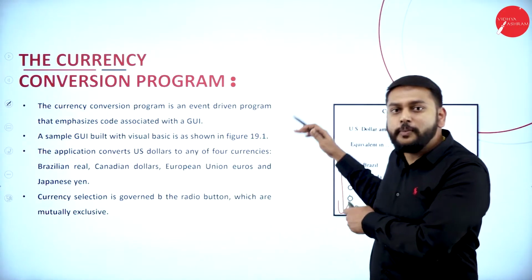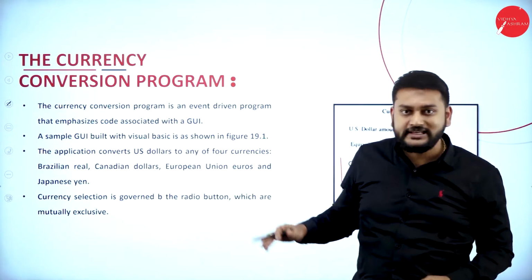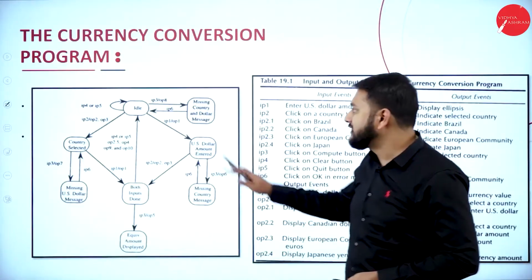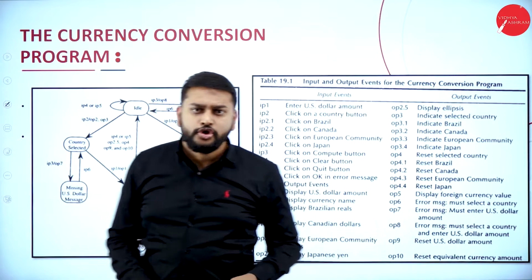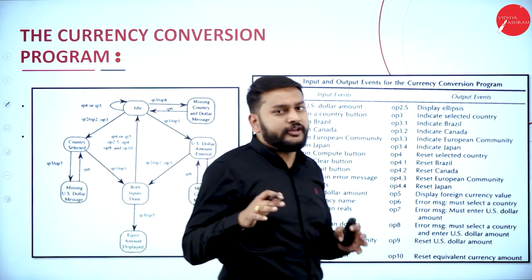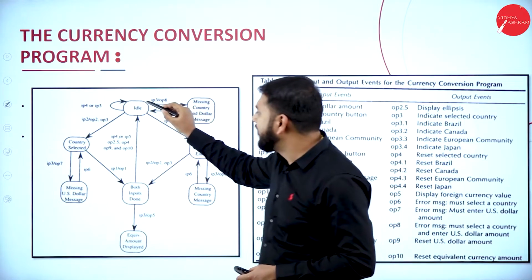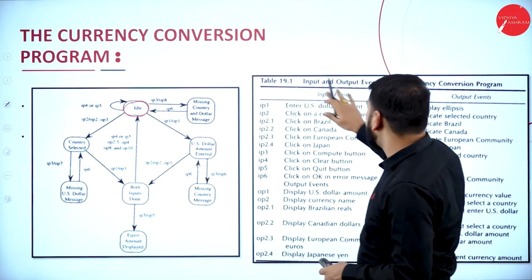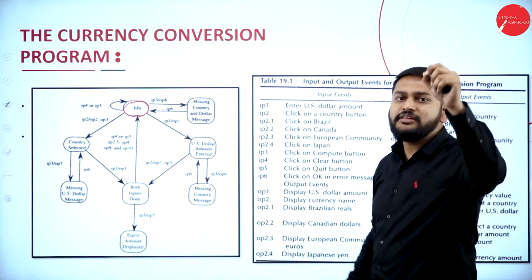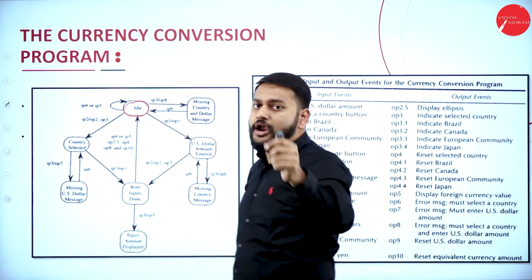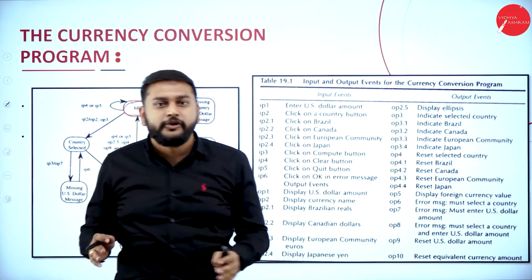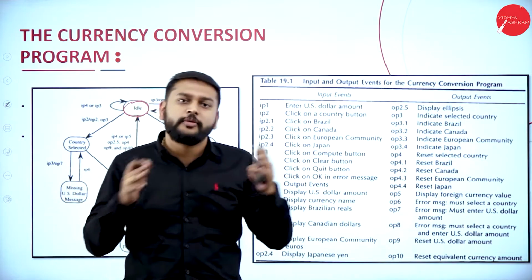So guys, I will be discussing this in detail now. Observe this diagram. What exactly do I have in this finite state machine? This is the idle state. In this chart, they have clearly mentioned all the inputs and all the outputs. For example, for the first input, what will be my output?